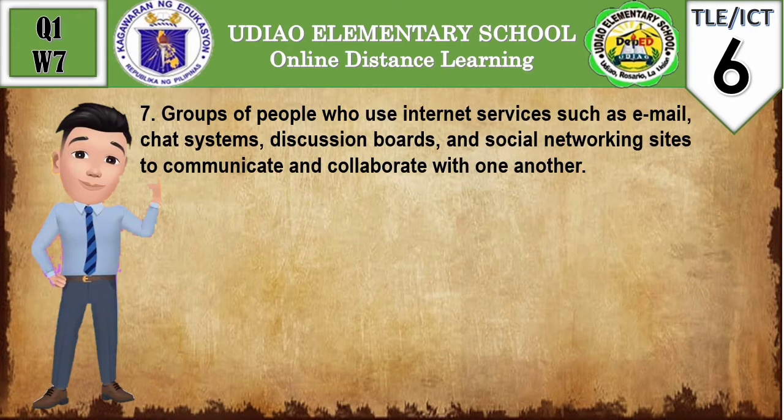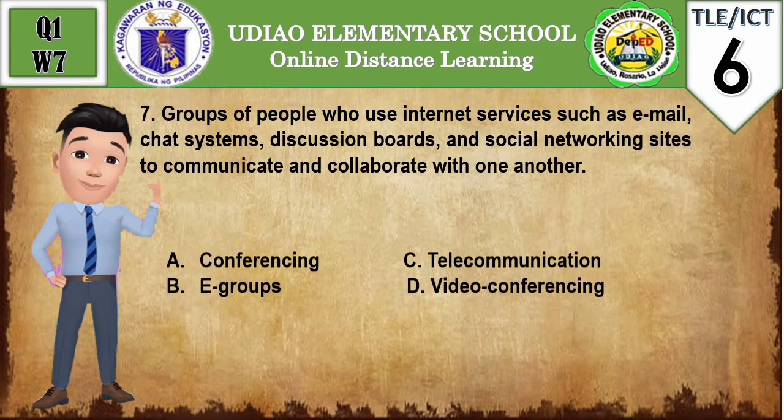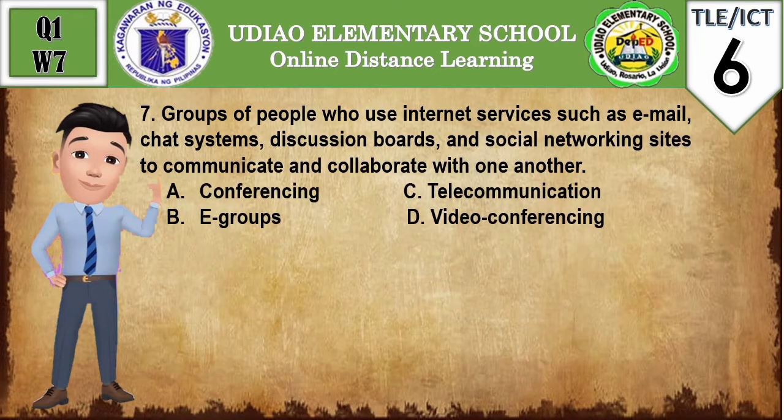Number 7. Groups of people who use internet services such as email, chat systems, discussion boards, and social networking sites to communicate and collaborate with one another. Is it A. Conferencing, B. E-groups, C. Telecommunication, D. Video conferencing?